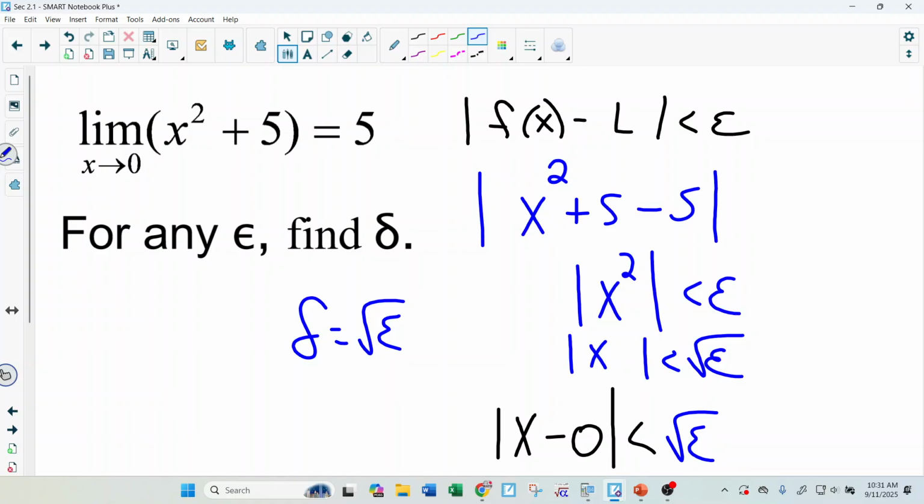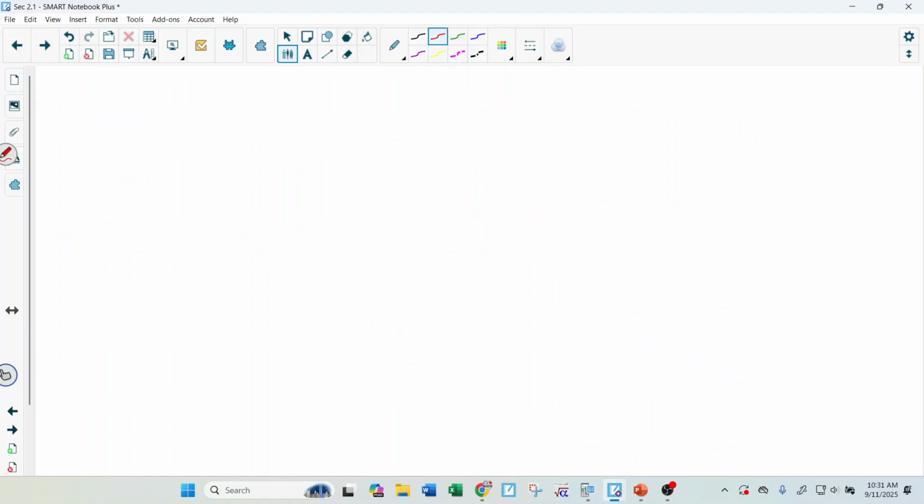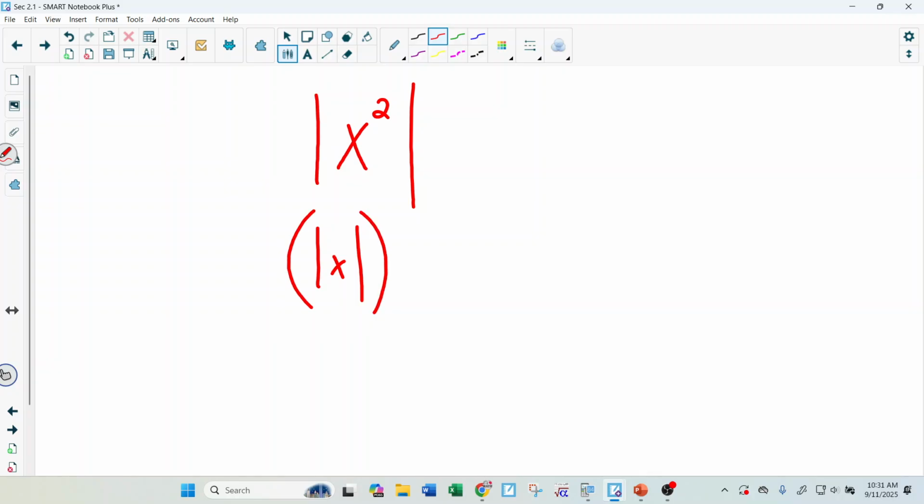Can you just take the square root of an absolute value? What does absolute value do? It makes it positive. So just think about that practically. If you have x squared here, would that be the same thing as that? We're not dealing with imaginary numbers.